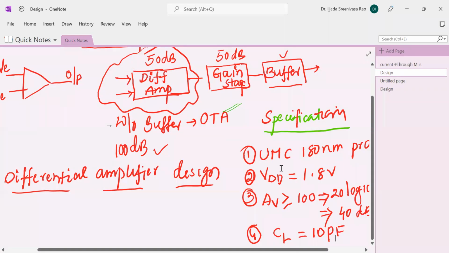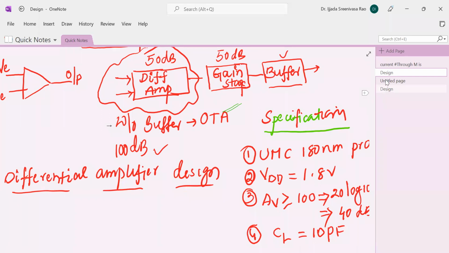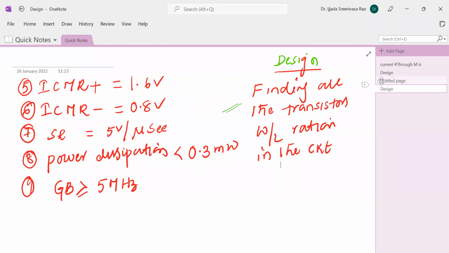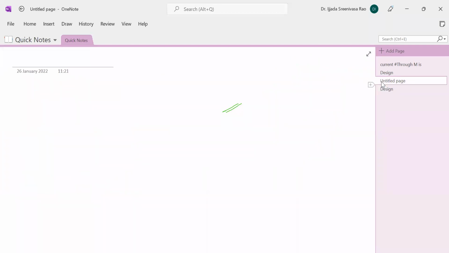These are the specifications. Now you can draw the schematic circuit diagram of the differential amplifier. I think everybody knows about the differential amplifier, but once again I am going to draw the circuit diagram.